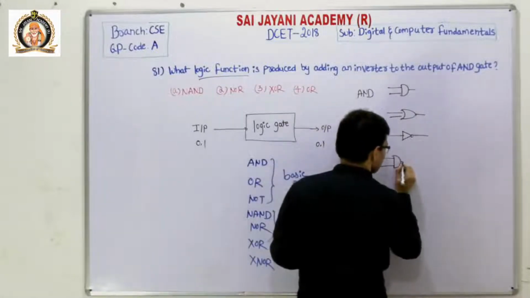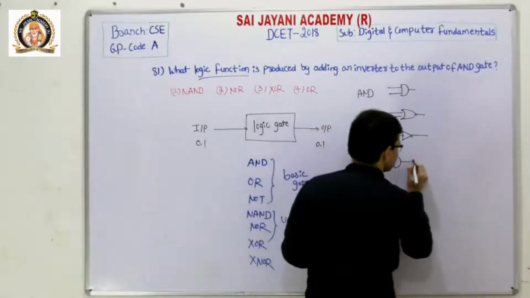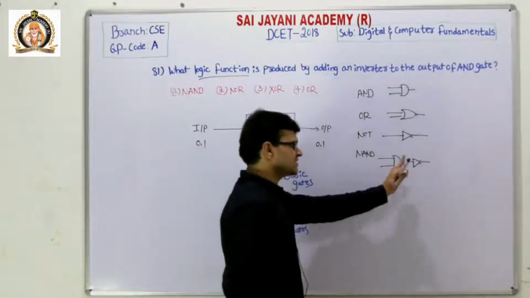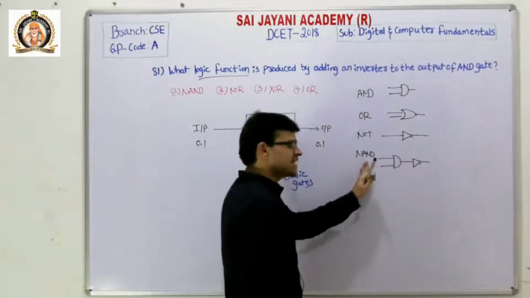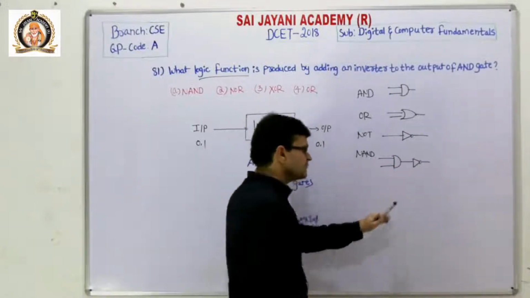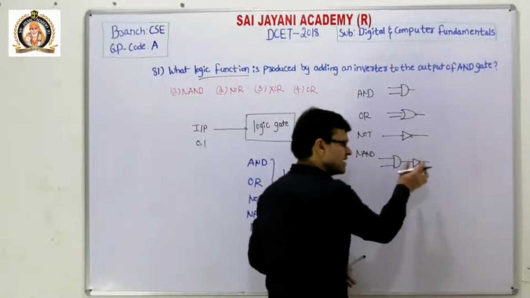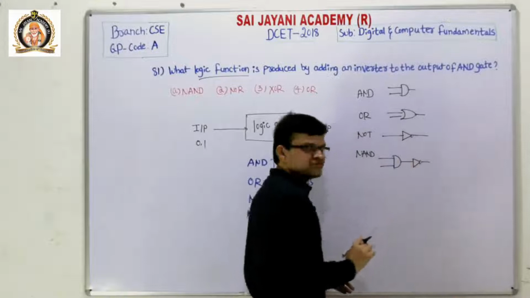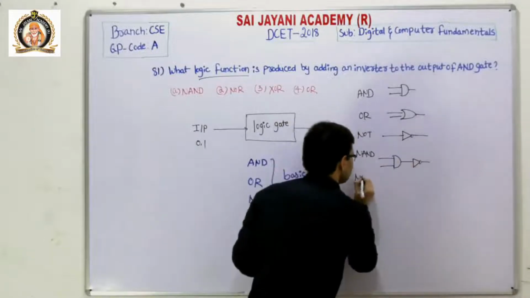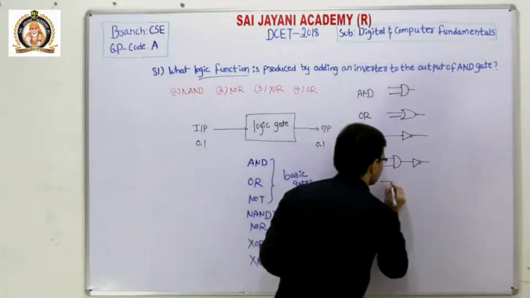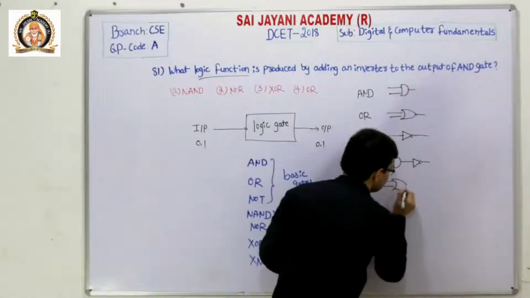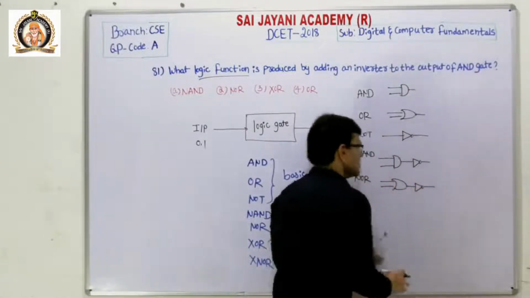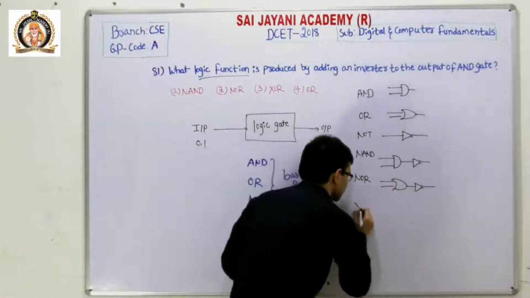Similarly, the NAND gate is produced whenever an inverter or the NOT gate is placed at the output of the AND gate. Similarly, the NOR gate is produced whenever an inverter is placed at the output of the OR gate.